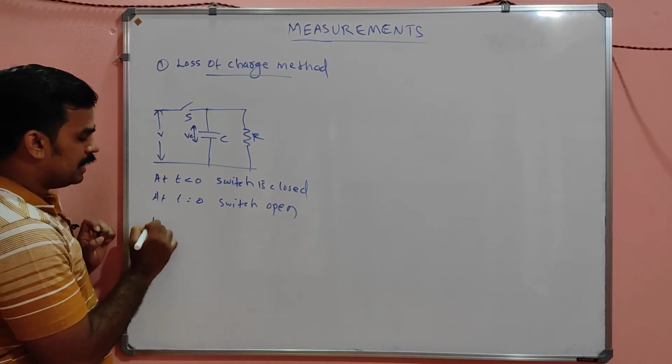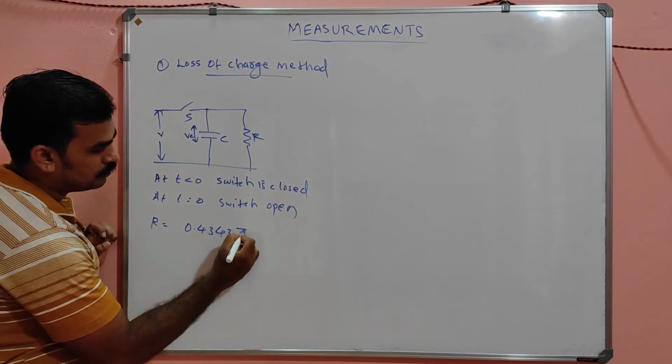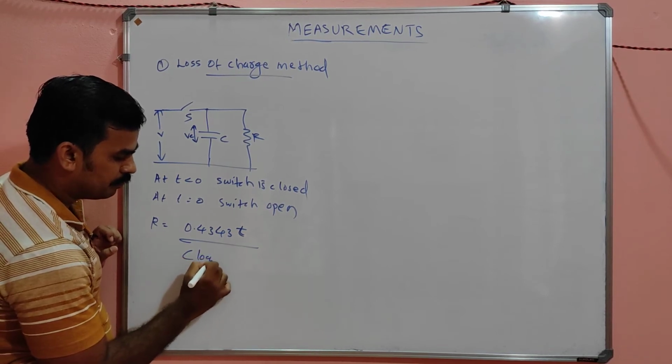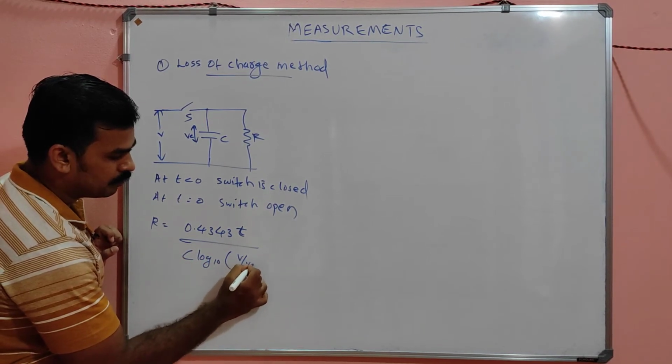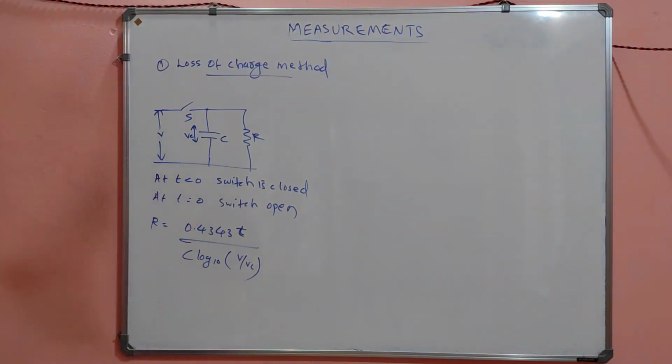Then the value of R will be equal to 0.4343 T divided by C log 10 V by Vc.